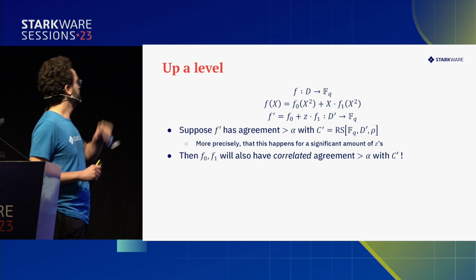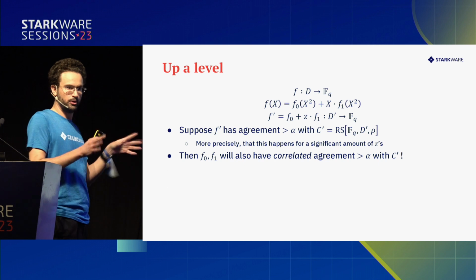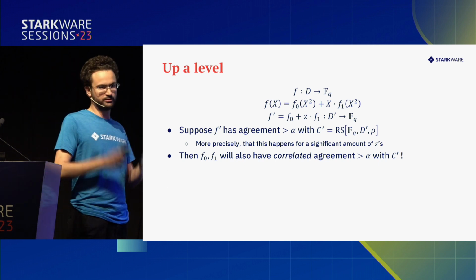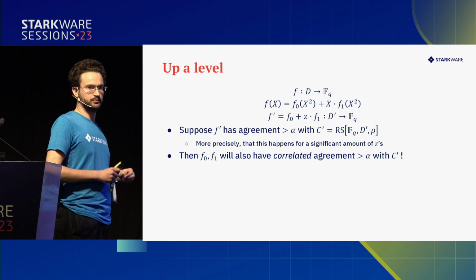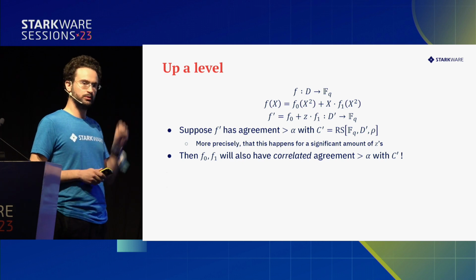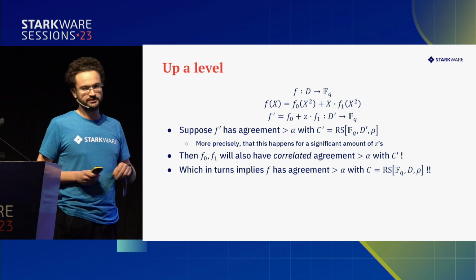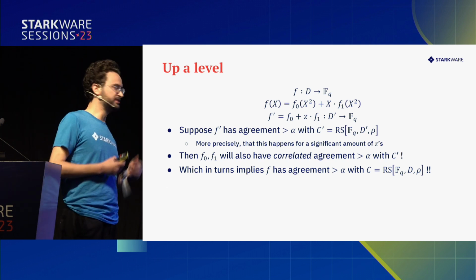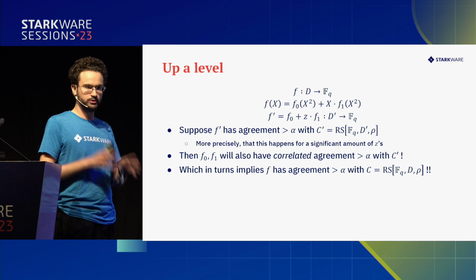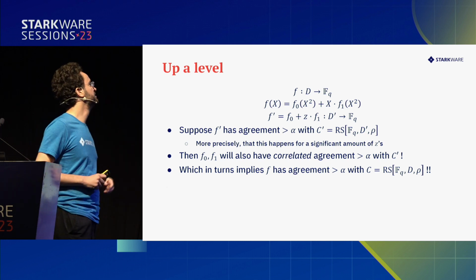If this is true, then f0 and f1 will also have this correlated agreement, that they agree with code words on the same sets with agreement greater than alpha, with code words in C prime. And that now implies that f also has this agreement greater than alpha with the previous code, with the Reed-Solomon code of the same rate on the previous domain.